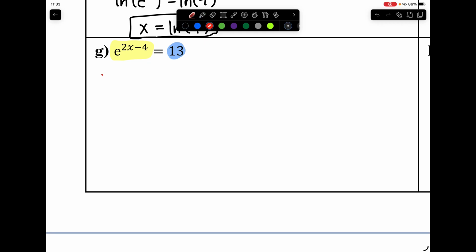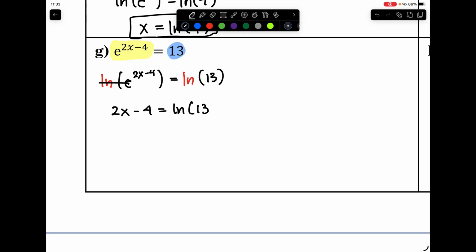So if I take the natural log of e to the 2x minus 4 and do the same thing on the right side, take the natural log of 13, I simplify the left by canceling these two out and getting 2x minus 4 equals the natural log of 13.